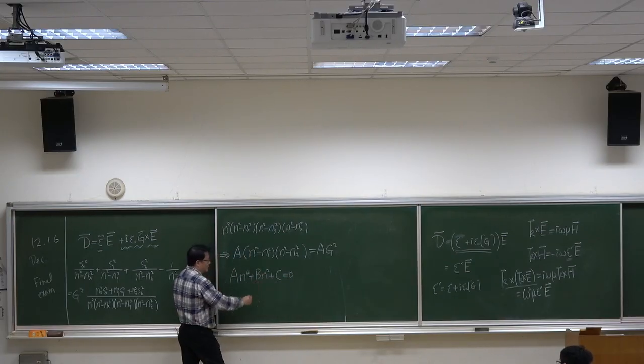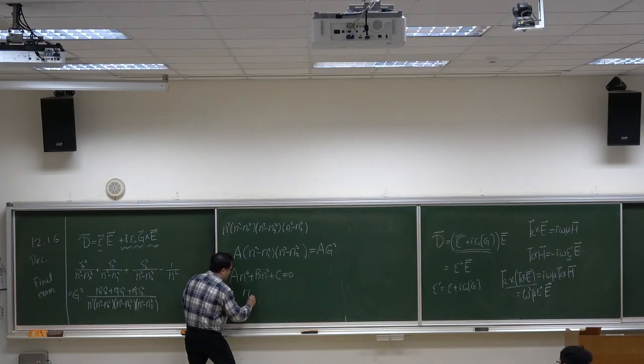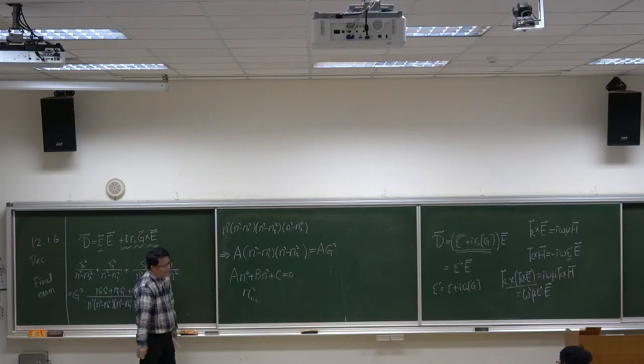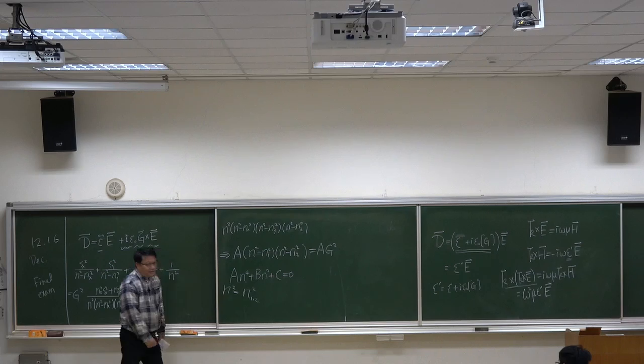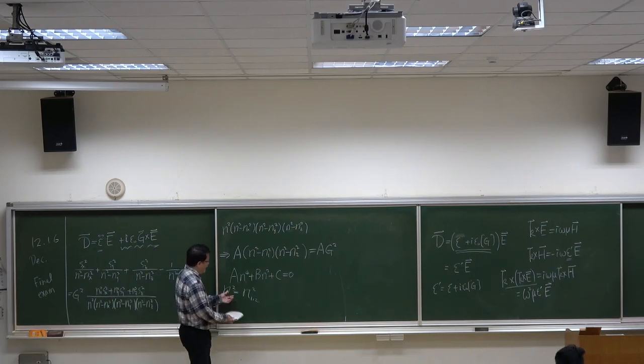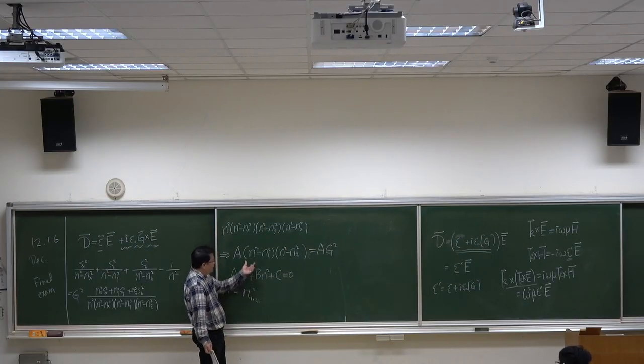Okay, and we solve this to get two possible solutions. The first one is n1 squared, and the second one is n2 squared. This just expresses how we factorize this equation.